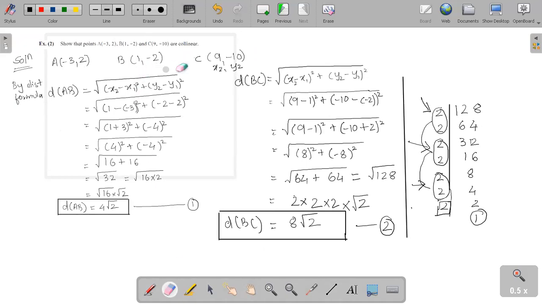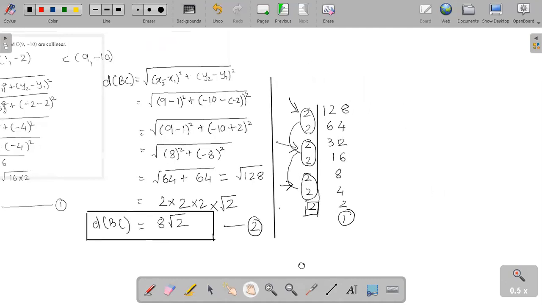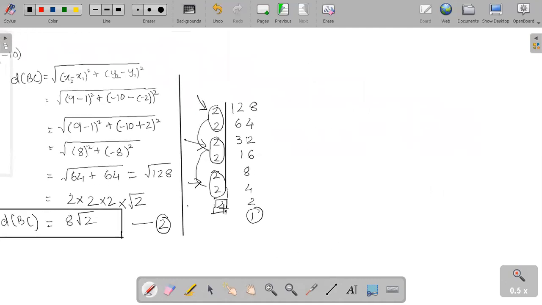So when you're finding out distance AC, I'll do it here. Distance AC. So I'll write the formula first. X2 minus X1 the whole square plus Y2 minus Y1 the whole square.